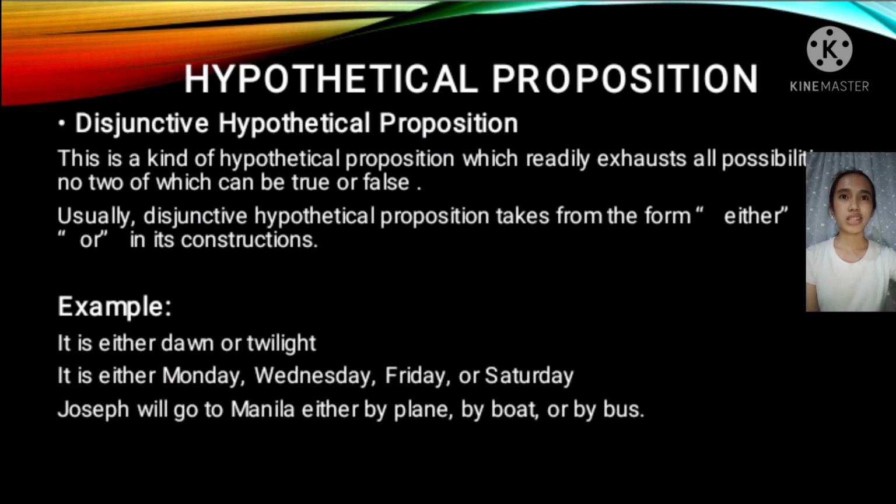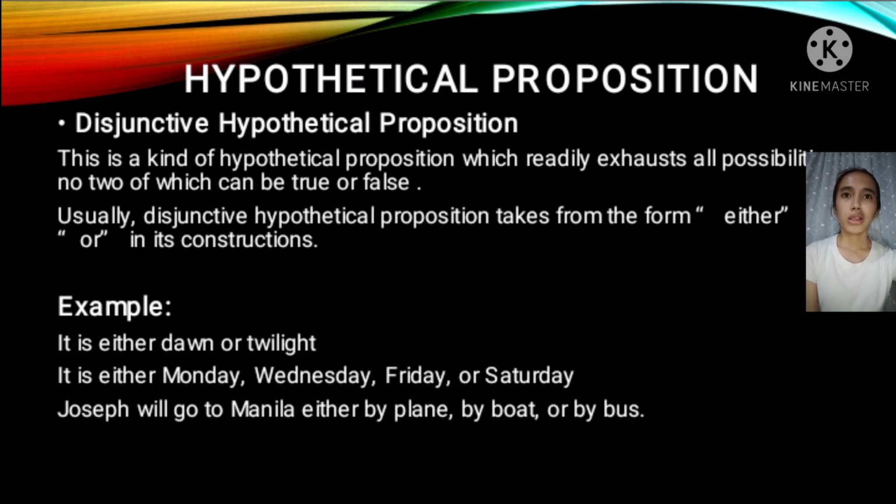Lastly is the disjunctive hypothetical proposition. This kind of hypothetical proposition readily exhausts all possibilities, no two of which can be true or false. Usually, disjunctive hypothetical proposition takes the form either or in its construction.